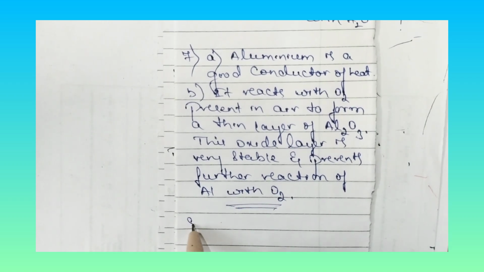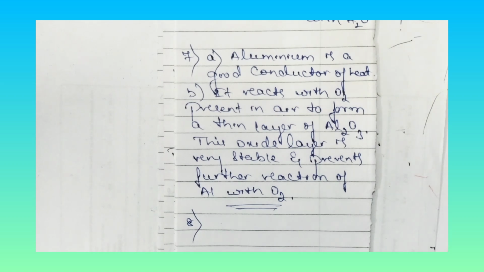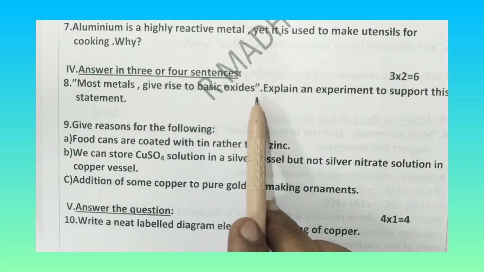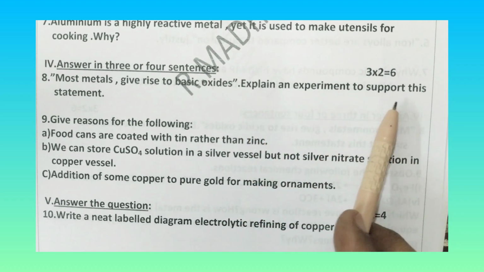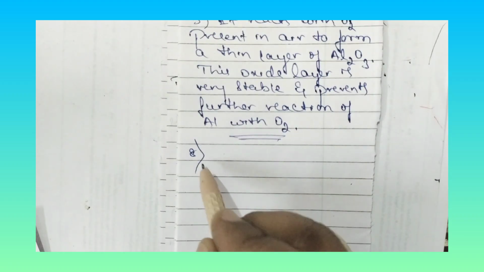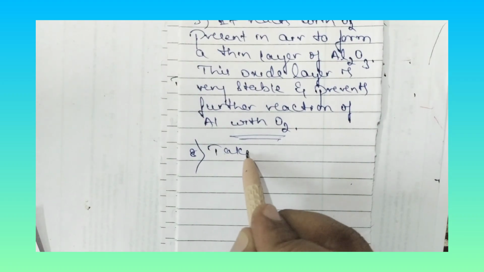Now let us move to question number 8. Most metals give rise to basic oxides. Explain an experiment to support this statement. So now let us answer question number 8. Take a magnesium ribbon.